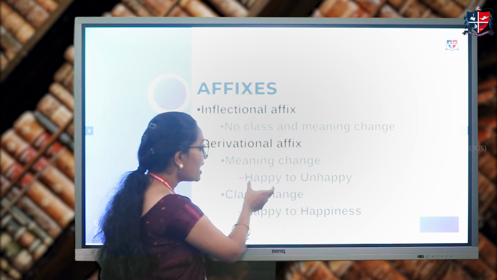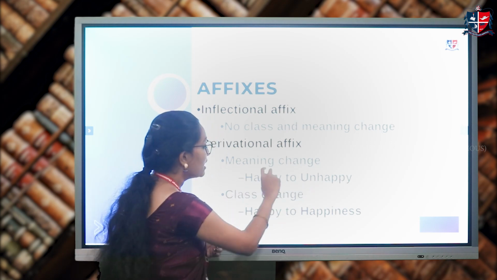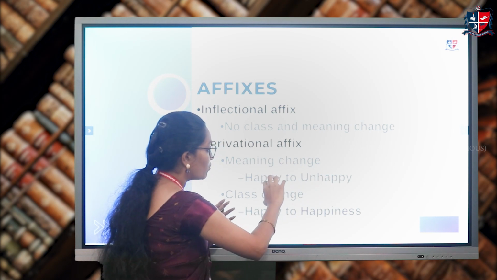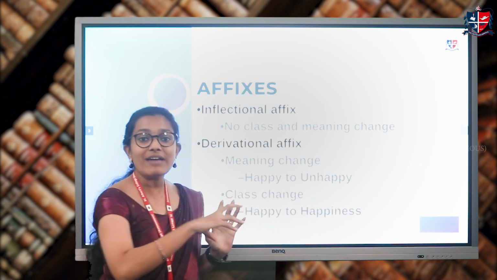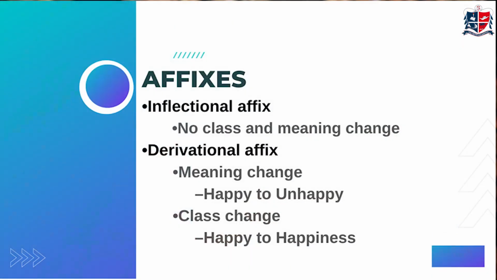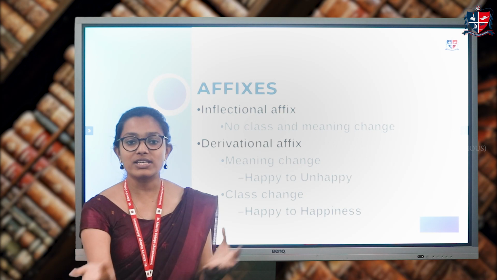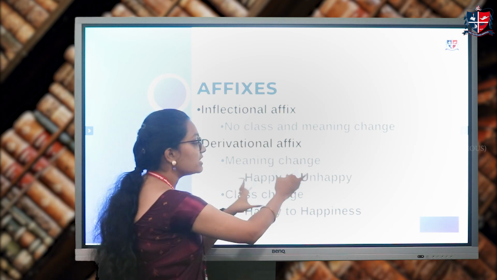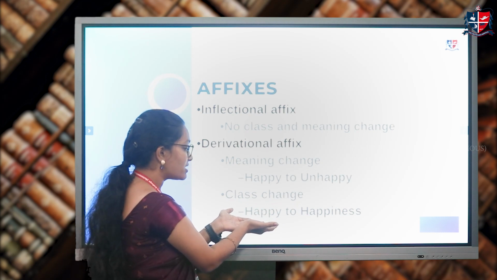See, the morpheme un is attached to the word happy. The word unhappy is formed and thereby you have derived another word just by attaching the derivational affix un. Because the meaning has changed. Happy is a positive thing and unhappy is a negative thing. See, there is a change in the meaning. Happy to unhappy.